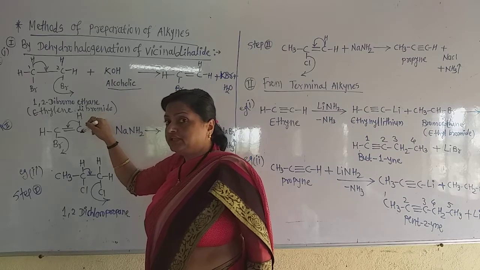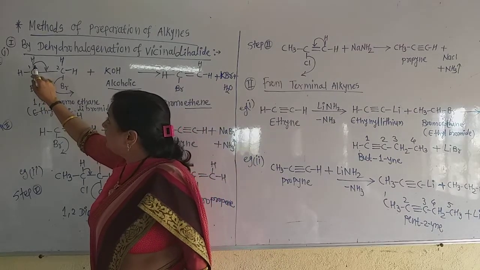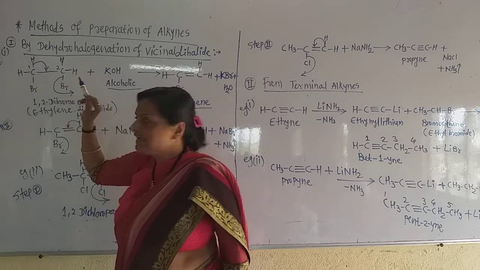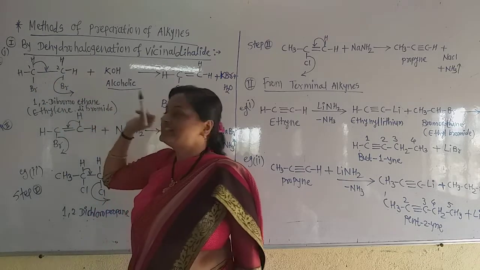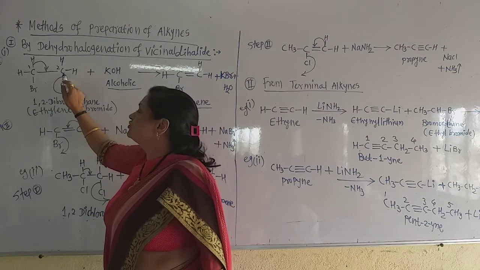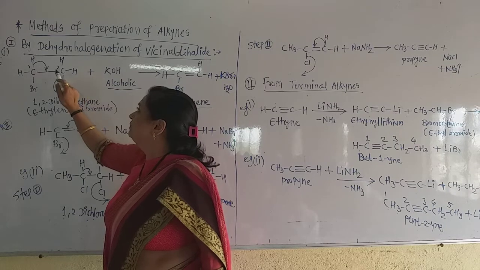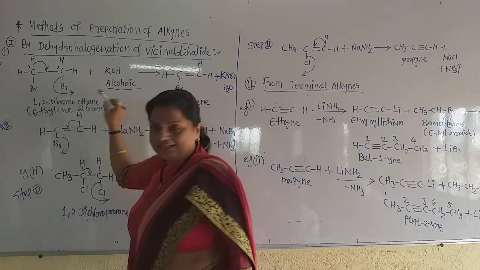Now what happened in the first step? See here, this hydrogen atom gives a double bond. At the same time this bromine leaves with its bond. If there is a double bond, how many bonds would this carbon have? 1, 2, 3, 4 and 5. So this bromine must leave.